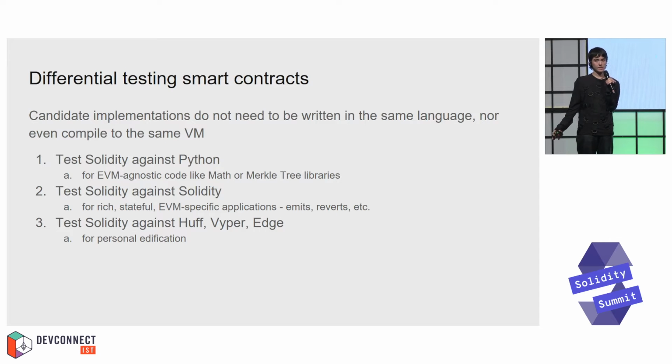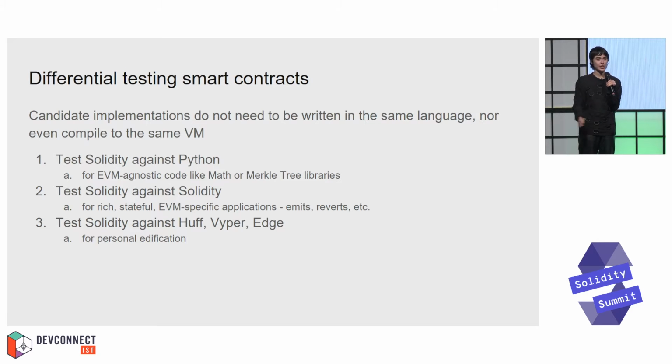You can also test Solidity against Solidity or any other EVM bytecode compiled piece of code. This is more useful for rich, stateful, EVM-specific applications. In practice, if you are deploying an application for production usage in Ethereum, you're probably going to want to test that application's behavior more than just the outputs.